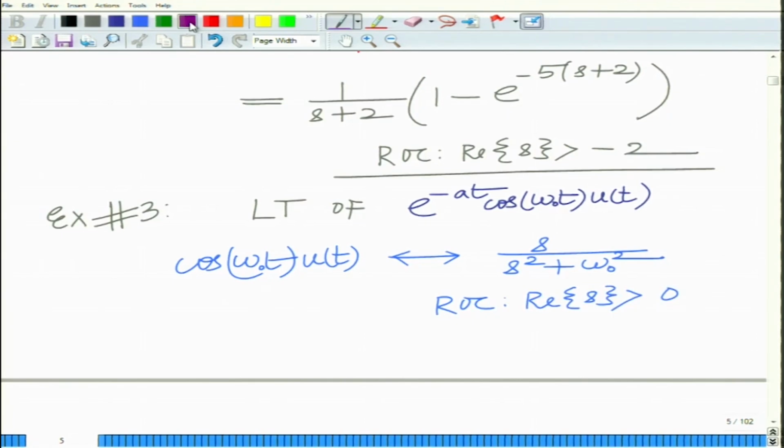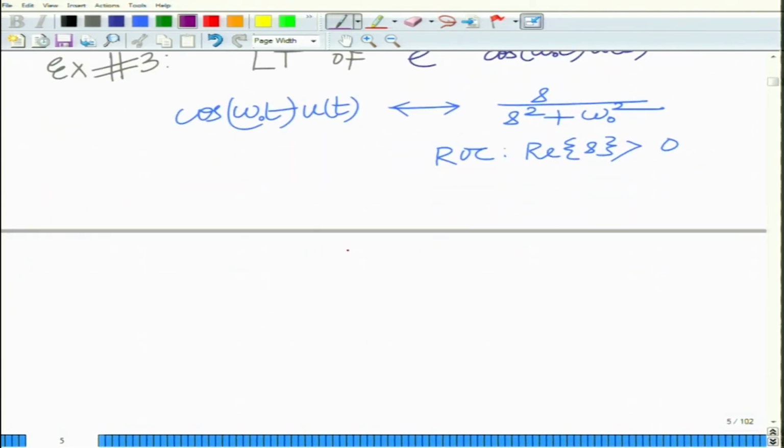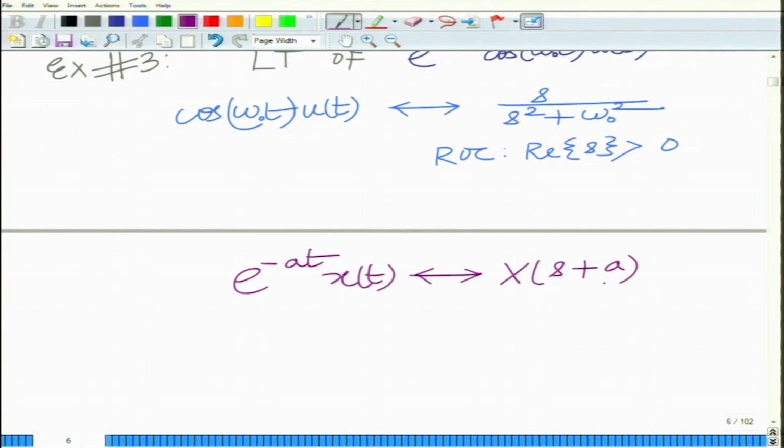This is a right handed signal. Now, remember, we have the property, recall we have the property: e raised to minus a t x(t) has the Laplace transform X(s plus a), correct.